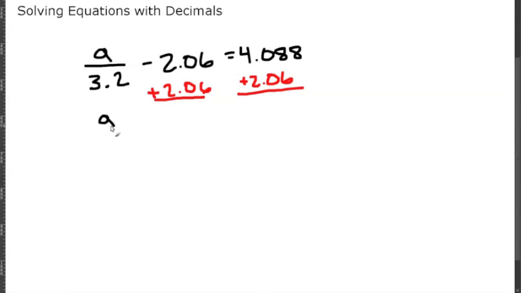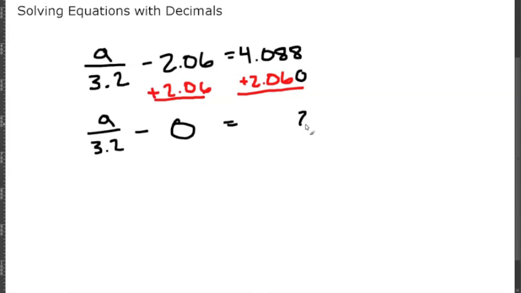So we're going to have a over 3.2 minus 0 equals, making sure the decimals are in line when we're adding or subtracting. We're going to put a 0 here to hold our place.